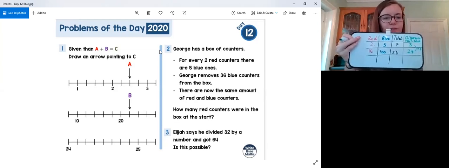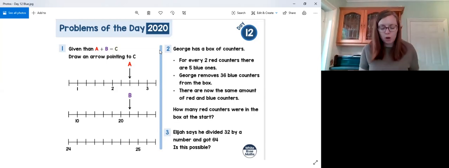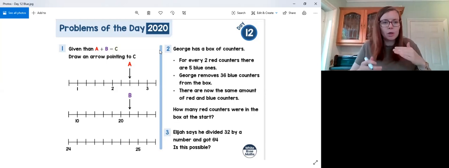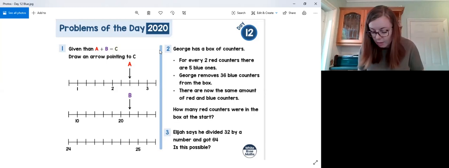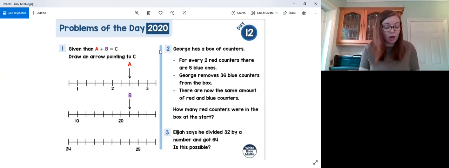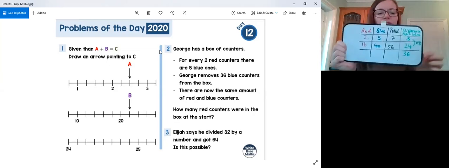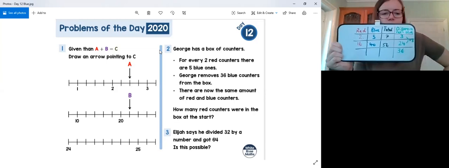So using the difference could give us a clue for this answer, because we know that we need to take 36 blue counters away, and then that needs to be blue and red being the same. So the difference between the blue and the red at the start would have been 36. So the difference is 36. Okay, so I've filled that out in my table now.